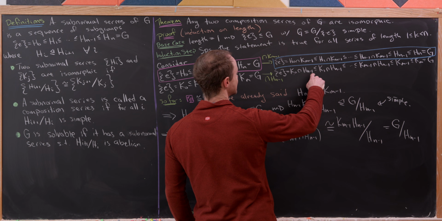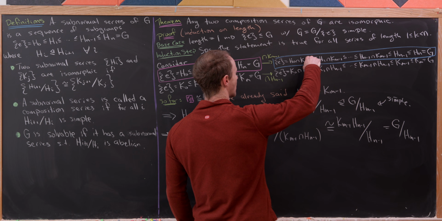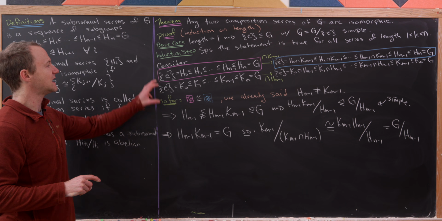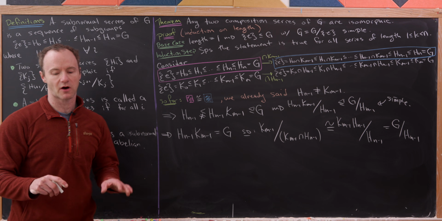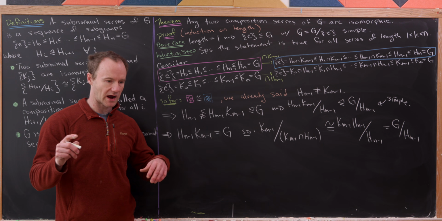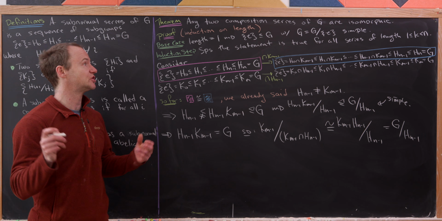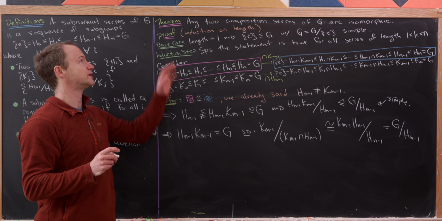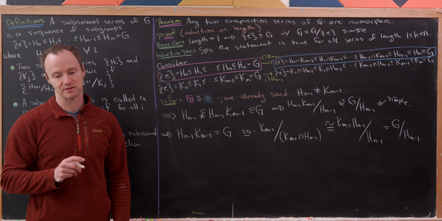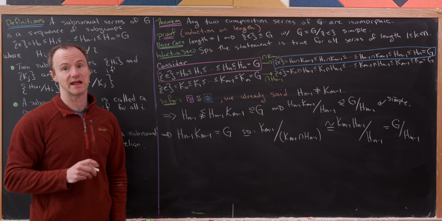We just showed that this one is equivalent to the blue one. Earlier we showed the blue one was equivalent to the magenta one, meaning the two that we started with are equivalent. But the two that we started with were our arbitrary two composition series. So we showed that our arbitrary two composition series were in fact isomorphic. But that's where we wanted to end up.